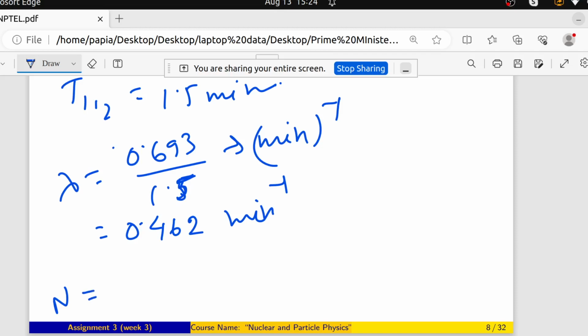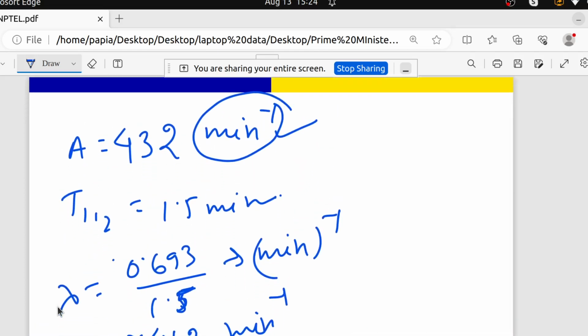Okay, now they are asking about the value of the number of elements that is present right now, the number of parent nuclei. So what will be the value of that? A by lambda. So A is what? I think 432. See, it is 432 minute inverse, and lambda is also 0.462 minute inverse, so the unit will not be a problem here.